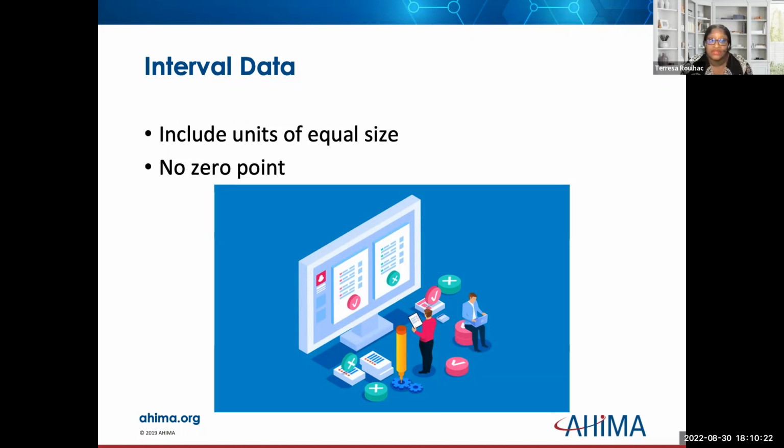It includes units of equal size, but there's no zero point. For example, we talk about temperature in Fahrenheit degrees. So the intervals between the values are the same. The most important characteristic is that the intervals between values are equal. All right. I will repeat that last part. The most important characteristic is that the intervals between the values are equal.